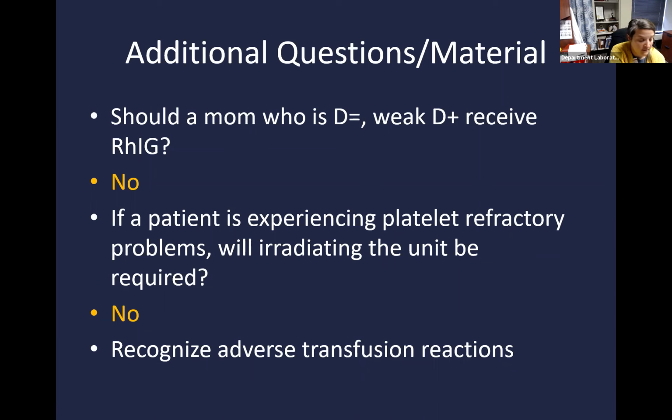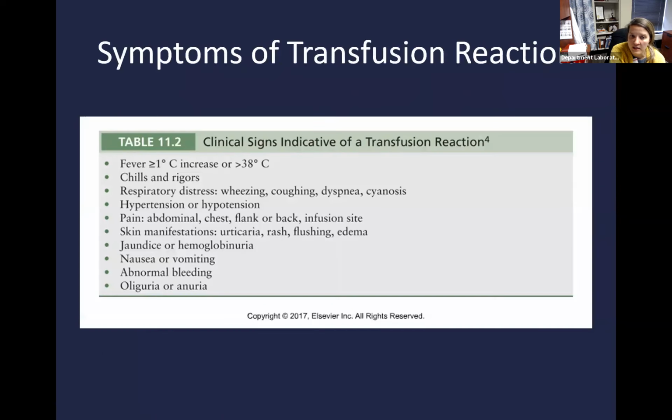And then some adverse transfusion reactions, and I included some additional charts here just so you guys are aware of transfusion reactions. Anytime your patient spikes a fever greater than 1 degree, or it increases to greater than 38 degrees Celsius, your patient complains of chills or rigors, any type of respiratory distress, any change in their blood pressure, any type of pain, whether that be pain at the site of infusion, flank pain, chest pain, back pain, those are all considered symptoms of a transfusion reaction.